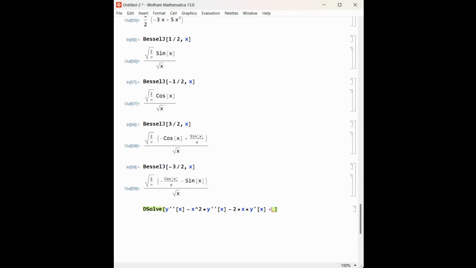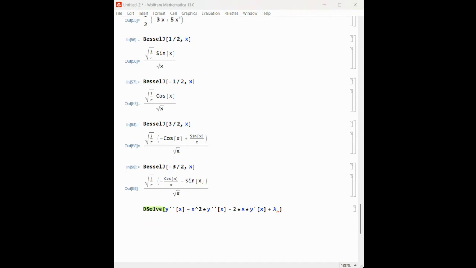Yes, this is the Legendre equation. You don't need to put it in brackets, you just spread the bracket. Yeah, you can put it in brackets, no problem, but it's easier this way to write.